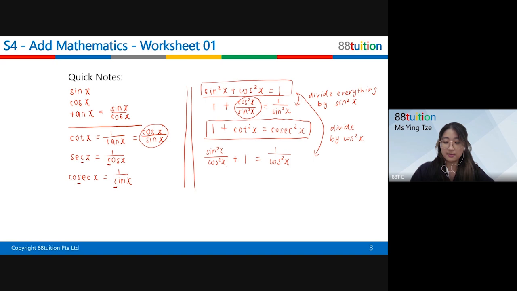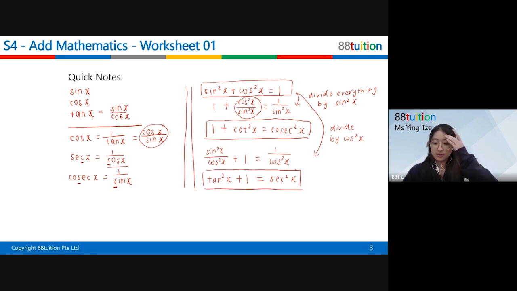So sine squared x divided by cosine squared x will give you tangent squared x. And then 1 over cosine is secant squared x. So these are the 3 identities that you will need for proving trigonometric identities.